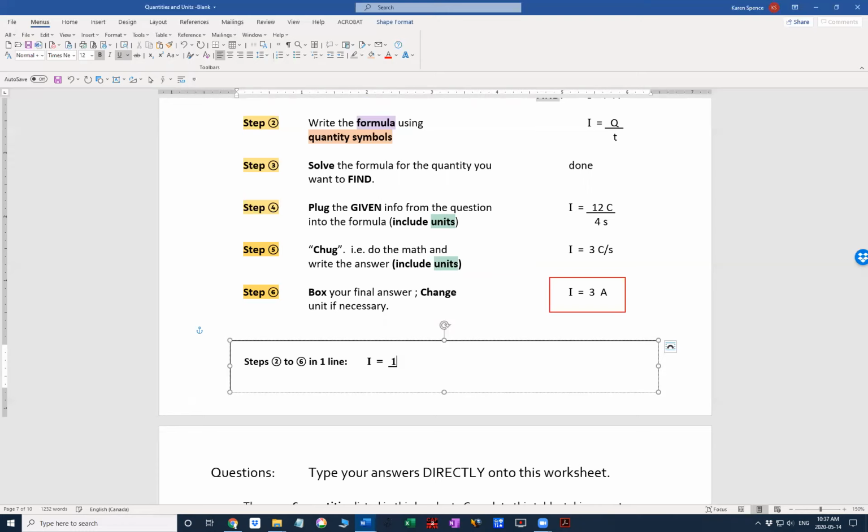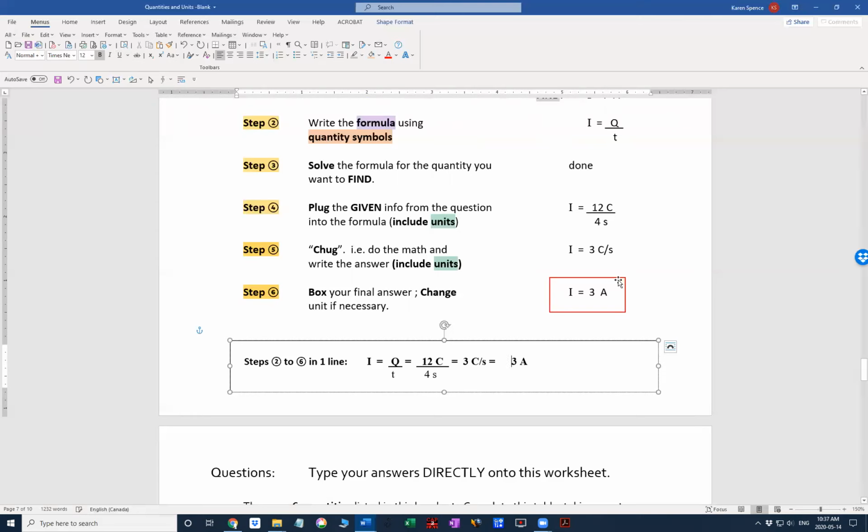And then I say I is equal to Q, and then I press Control U to stop my underlining, equals, and then I go down here and I go, I is equal to Q over T, Control U to underline. I plug in 12 coulombs, Control U to stop underlining, equals, and I plug in my 4 seconds, and we get 3 coulombs per second, which is equal to 3 amps.